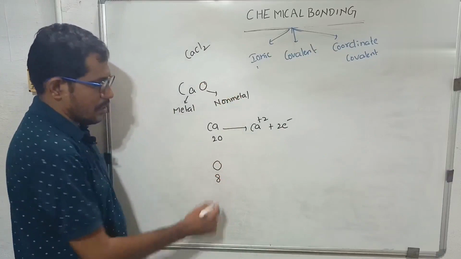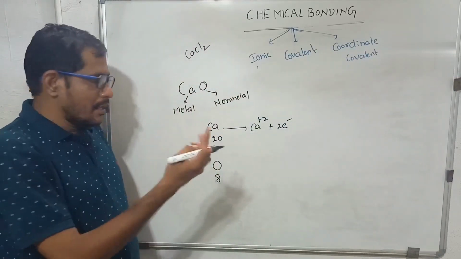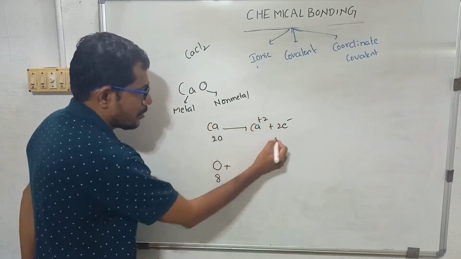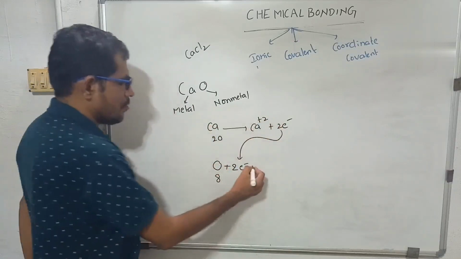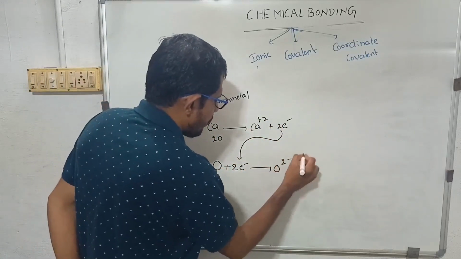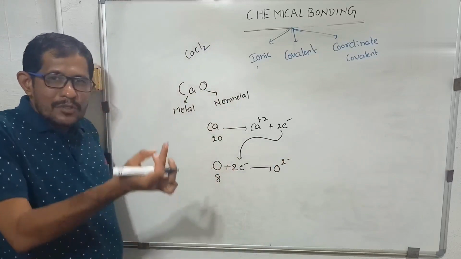Next, oxygen atomic number is 8. Its nearest is 10. It takes 2 electrons, which are released by calcium, and becomes O2 minus. If it takes 1 electron, it is O minus; if it takes 2 electrons, it is O2 minus.